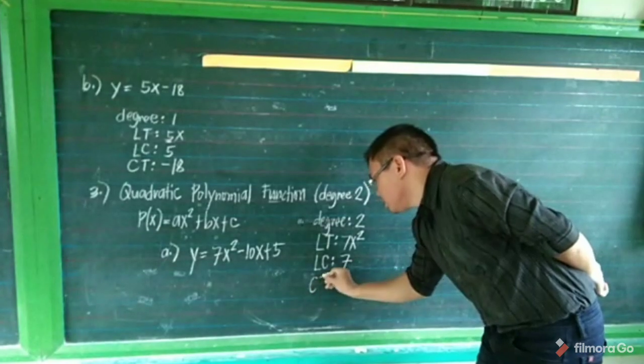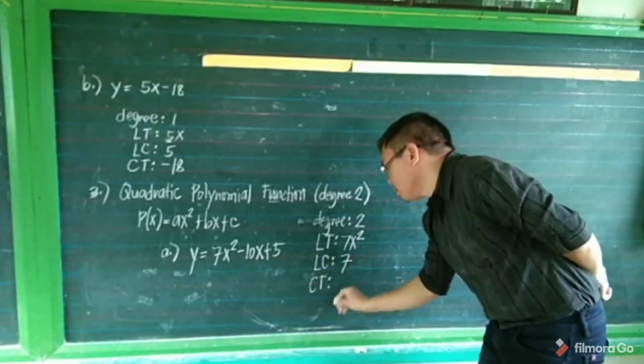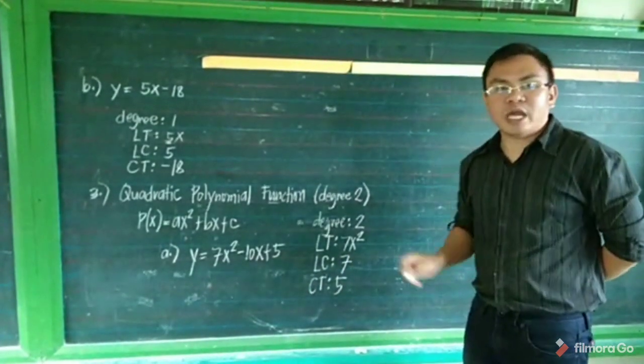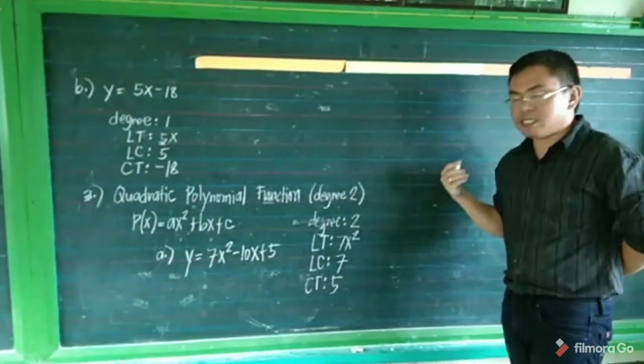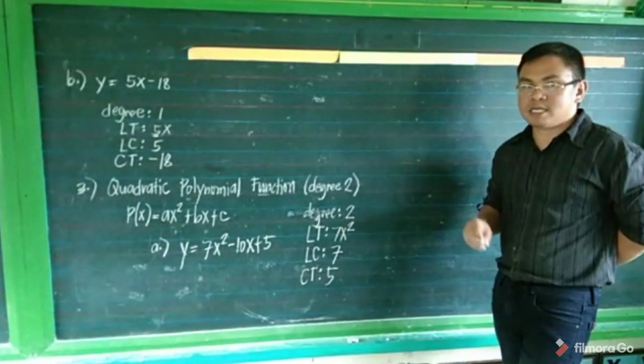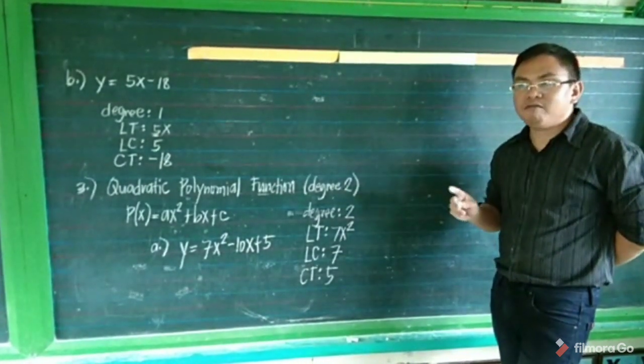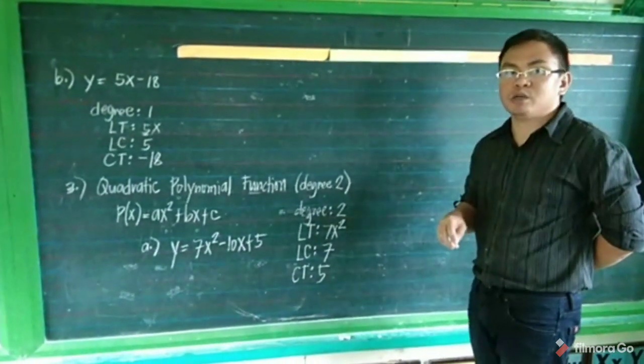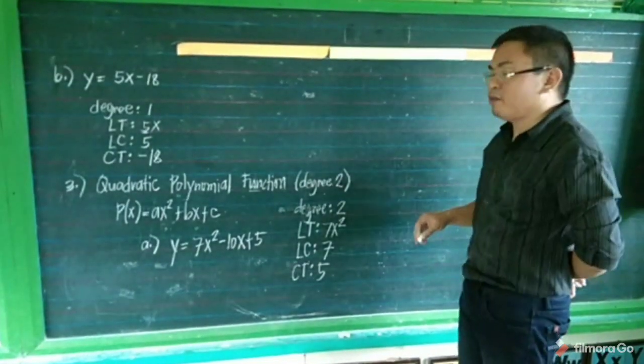And your constant term is 5. So I guess identifying the degree, leading coefficient, leading term, as well as the constant term is so easy. So let's have another example before we proceed to another common type of polynomial function.